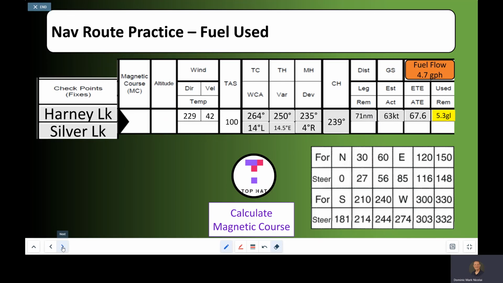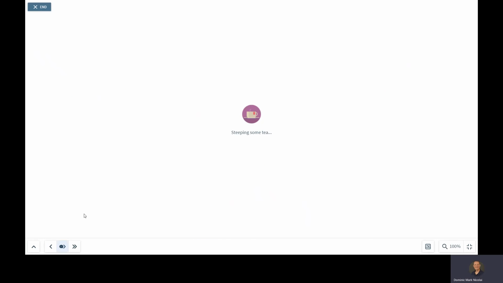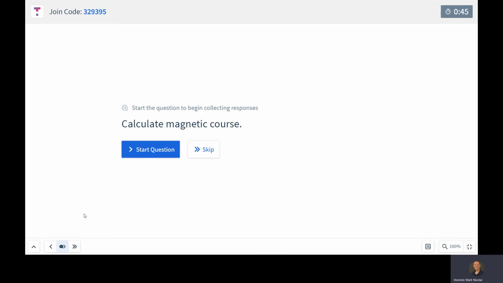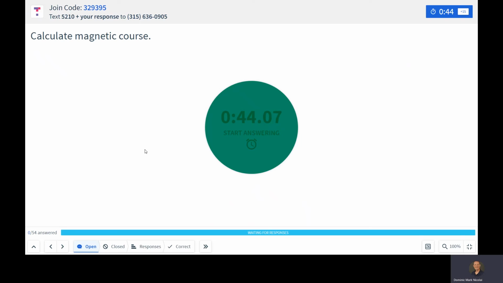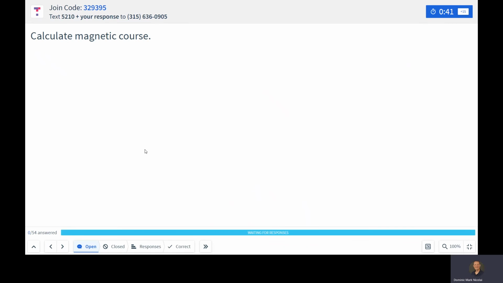Let's go ahead and then take our true course, add or subtract the variation to get magnetic course. Remember, your variation was 14.5, so it doesn't matter if you round it up or round it down here.